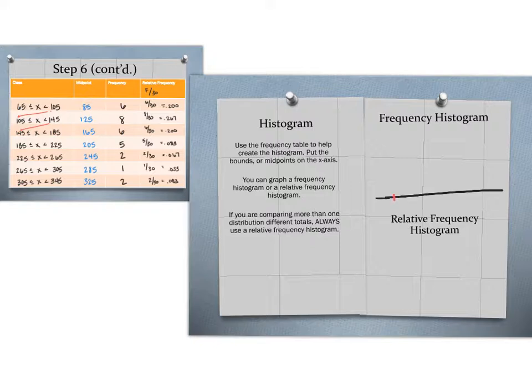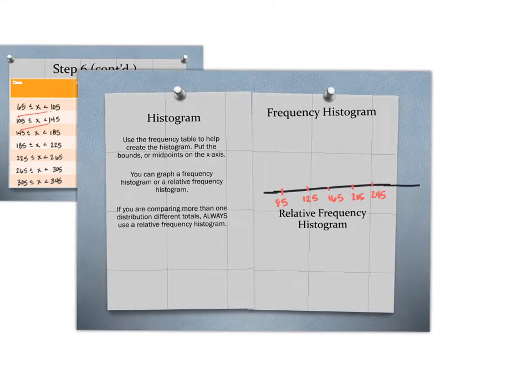Your first midpoint is at 85, then 125, 165, 205, 245, 285, and 325.